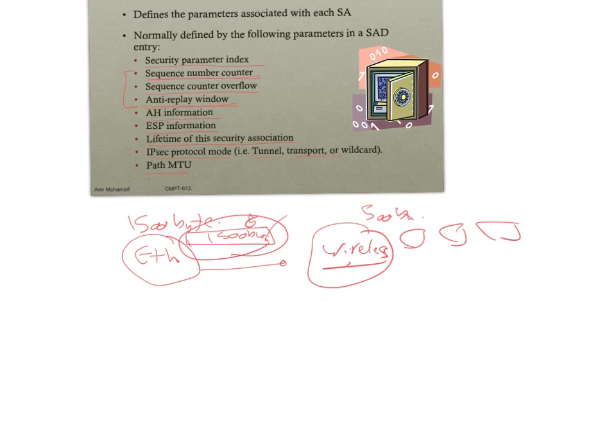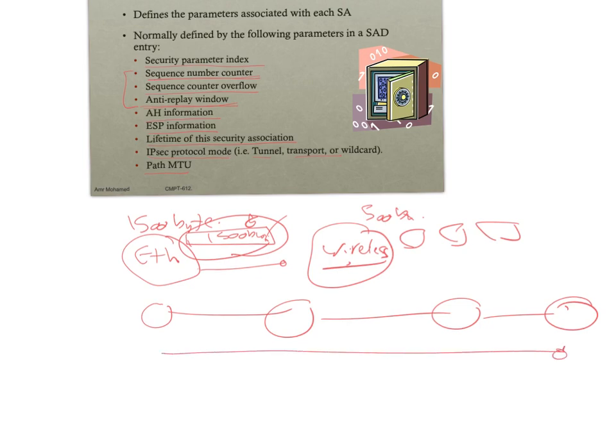So how can we avoid fragmentation inside the tunnel? What we do is that inside the tunnel, we try to discover the maximum transmission unit across the entire tunnel. So if we have here 1500 and 500 and then 3000, while we are establishing the security association end to end, we try to discover the maximum transmission unit.